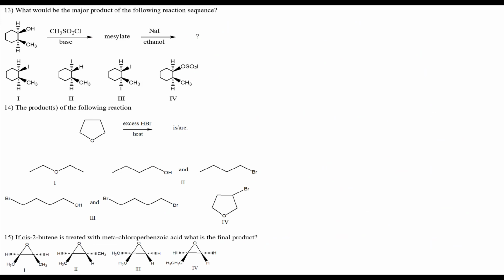Number 13. What would be the major product of the following reaction sequence? Okay, so we have this weird compound, or this reactant right here, but the only thing that you need to remember is that we're adding everything you see here except for the chlorine.